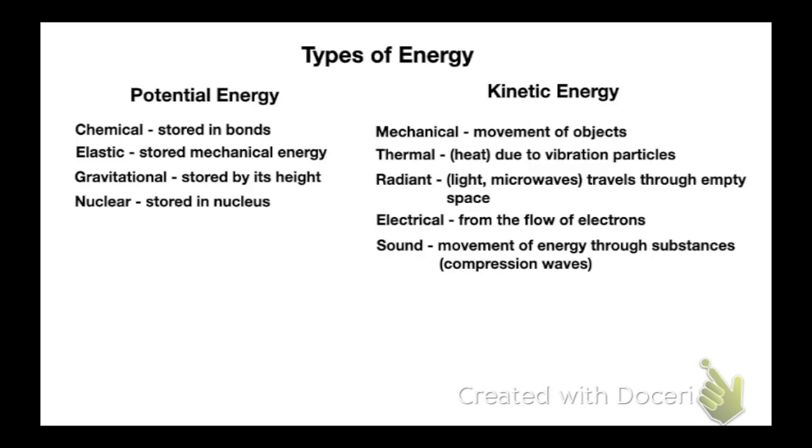You're actually pushing air as you talk. So sound is the movement of energy through substances like the air, and the particles are actually moving. So we talk about compression waves here, but I'm not going to get too much into the physics. Okay, so those are your 9 basic types of energy in 2 categories, potential and kinetic.